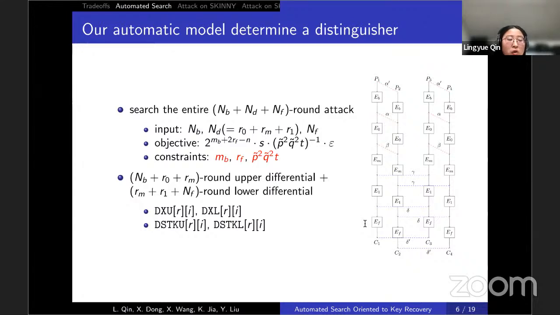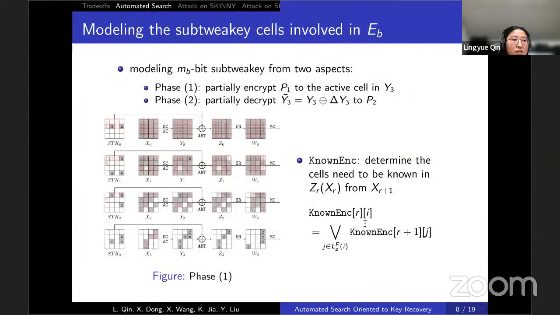In practical programming, we take the rounds as the parameters to input into the model, and the target is the time complexity. The time complexity of the rectangle attack is highly related to the number of guessed keys in EB, since the matrix in the MC operation is not an MDS matrix. The subtweakeys involved in the partial encryption and decryption are different. So we model EB from 2 aspects.